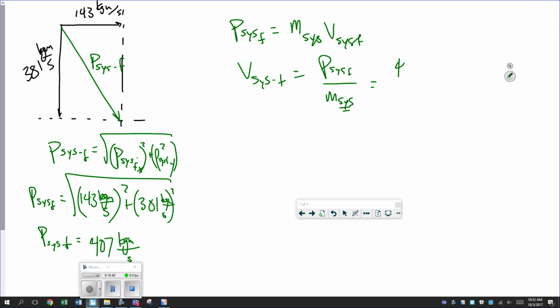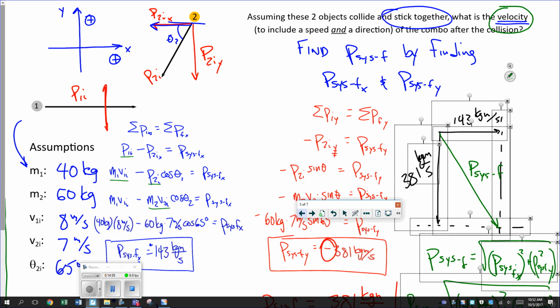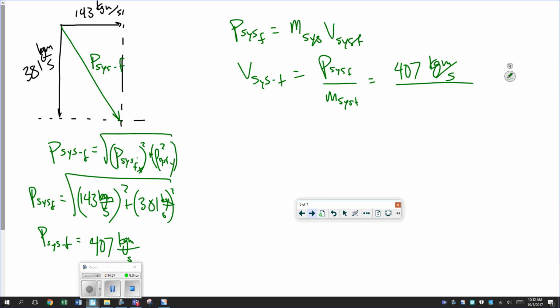That's 407 kilogram meters per second divided by, what's our system mass? Well, a 40 and a 60. Our system mass is 100 kilograms.